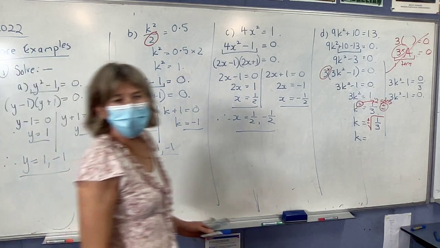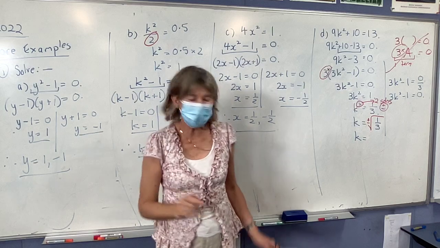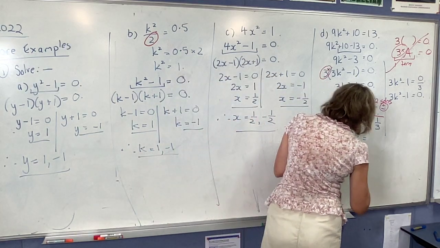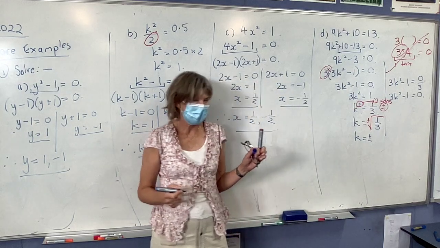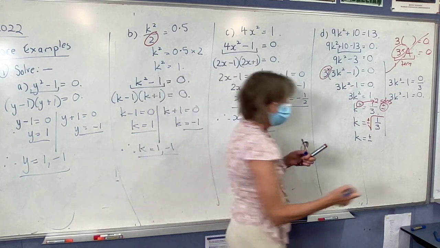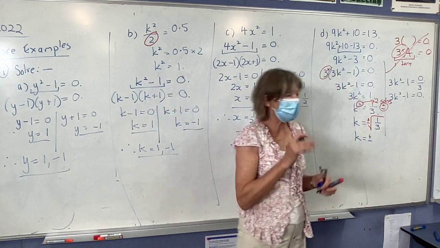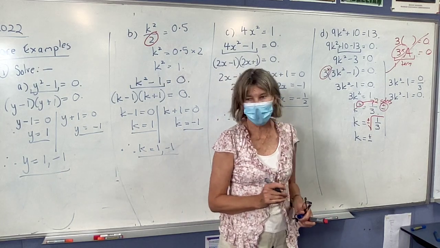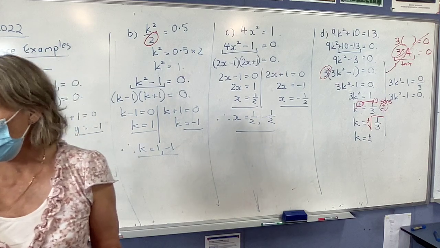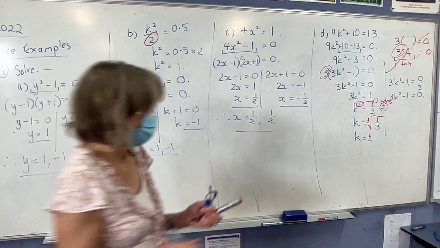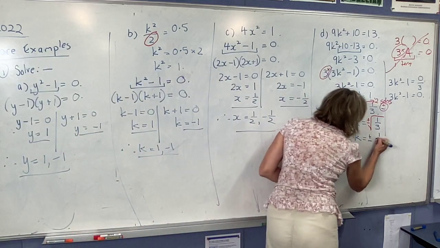When you're square rooting a fraction, you square root the top and the bottom. So who can tell me what we're going to write here next? Plus or minus. Why can't we just leave it as a 3? Can we just leave it as a 3? We need to go one more line on this. So who can tell me what we're going to have if we square root the 1 on the top? Lachlan? We have just 1 on the top. And what will be on the bottom?